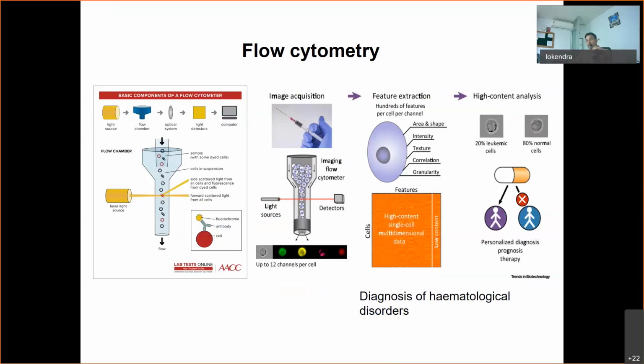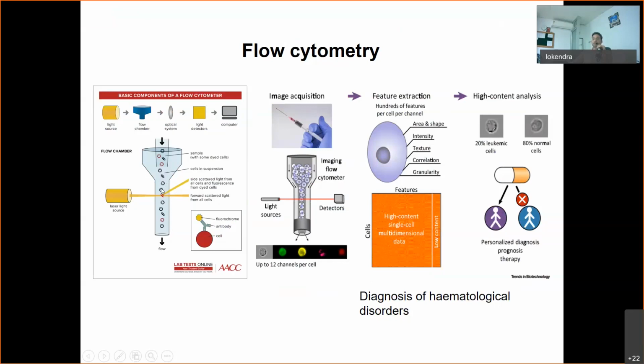So flow cytometry is also one of the methods which detects certain types of cells, measuring their area and shape, their intensity, their texture, their granularity. These are the basic features of flow cytometry, in which cells are passed through a chamber as a single cell suspension, and when they pass through this very fine chamber in which only one cell at a time can pass, the light source will tell us about their area, shape, intensity and texture.